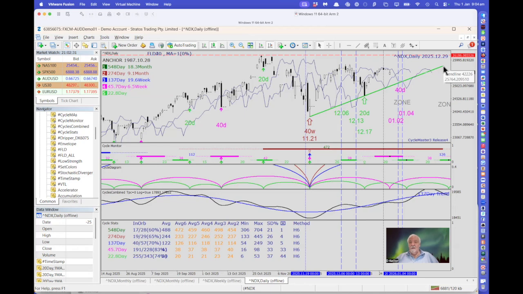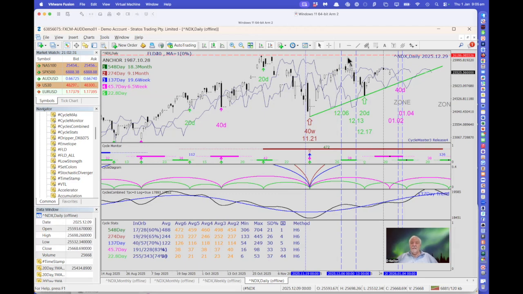Now, we have a very interesting situation here with this phasing, because the high of this 40-day, if in fact it's going to be made in this coming zone, is back here before the 20-day low, which makes that 40-day cycle left translated.